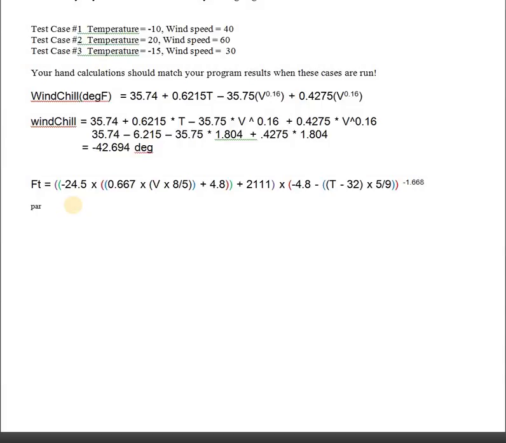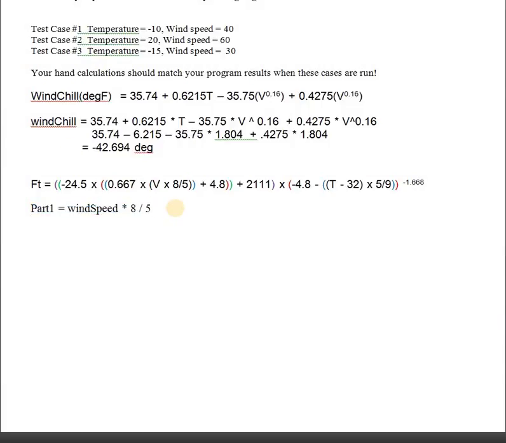I'm going to say part 1 is equal to, I'm going to start from the inside. So that is going to be the wind speed times 8 divided by 5. Let's make that a little bigger so it's easier to see.